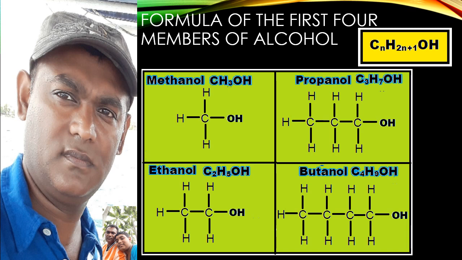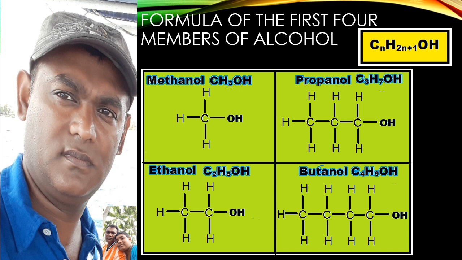The first carbon is attached to 3 hydrogen atoms. The second and the third carbon are attached with 2 hydrogen respectively, and the third carbon is attached to the functional group OH for alcohol.